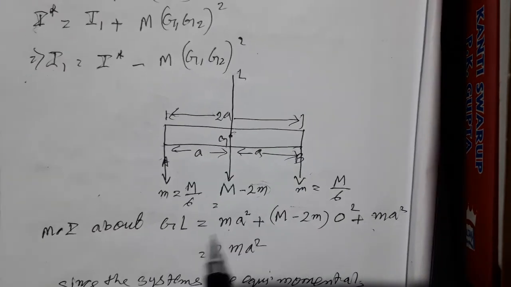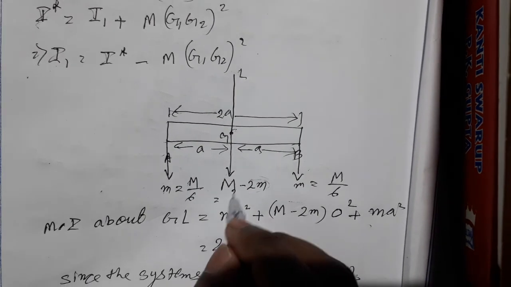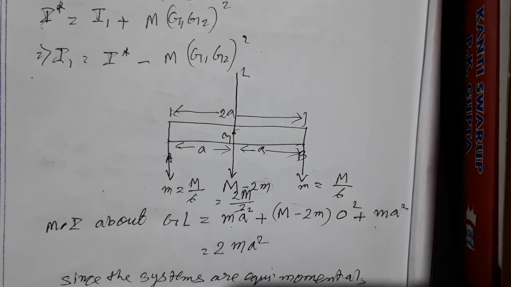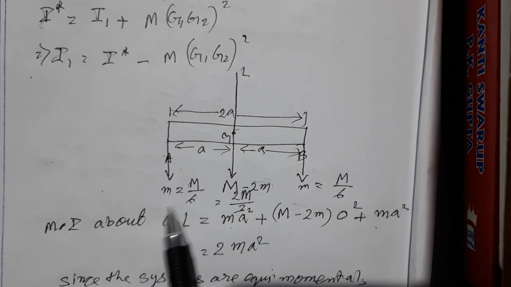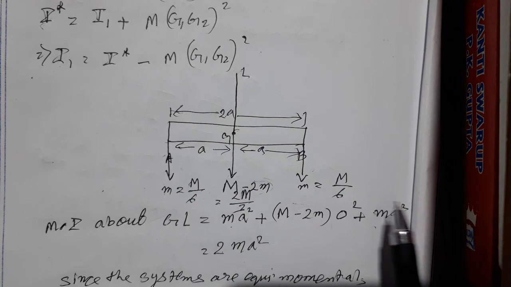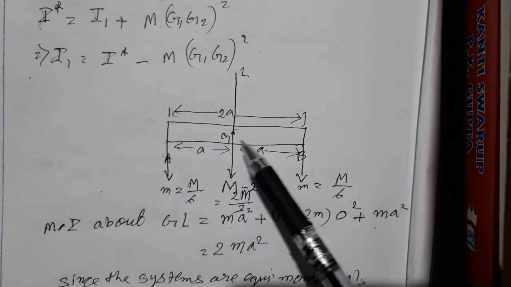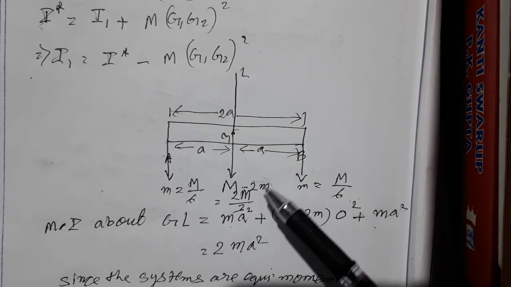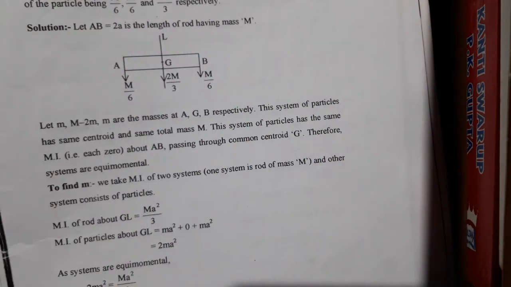So the mass which we are putting at the centroid of the rod is 2M by 3. So if we take 3 particles, then the 3 particles will be equimomental to the rod only if the mass of the particle placed at one corner is M by 6, and at the other corner also M by 6, as well as the mass placed at the centroid of the rod should be 2 by 3 M. So this shows that the two systems are equimomental.